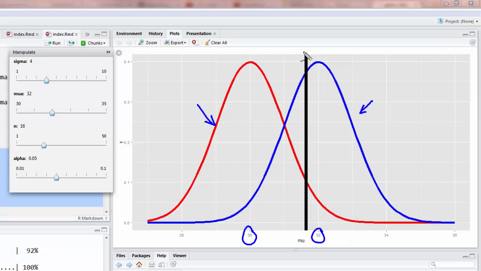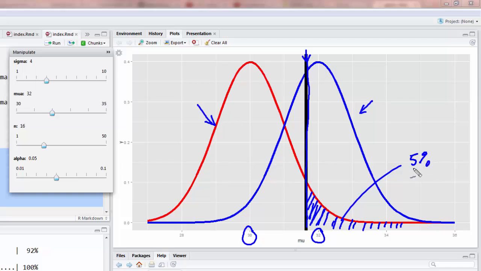We've set a critical value so that if we get a sample mean that's larger than a specific threshold, we reject the null hypothesis. That's this line. We set this line such that the probability, if the red density is true, the null hypothesis is true, this area, the probability of getting statistics larger than it, is 5%.